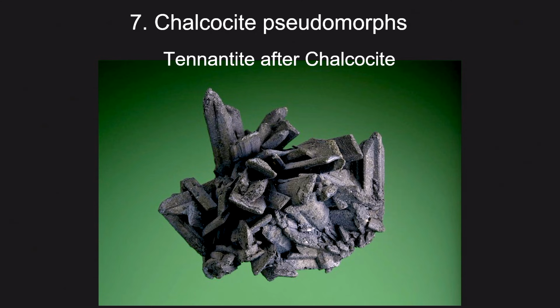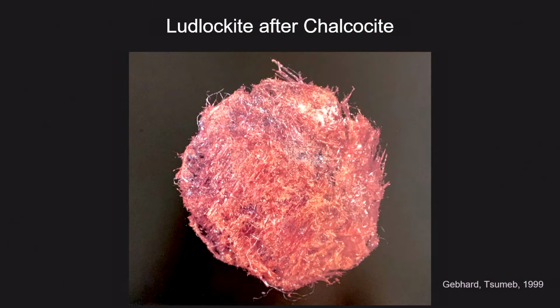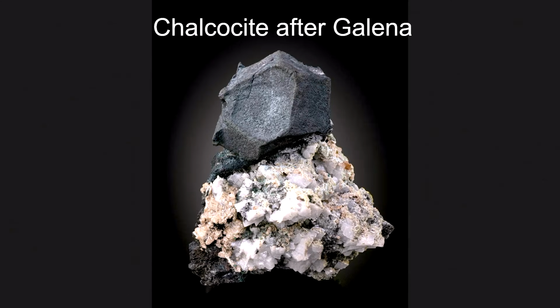So I've shown this picture before, and this is just some chalcocite pseudomorphs. So we have chalcocite here, which is pseudomorphed to tennantite. And here is an illustration from Gebhard's book that shows a pseudomorph of ludlockite after chalcocite. Here is what was once a crystal of galena that has been replaced by chalcocite.